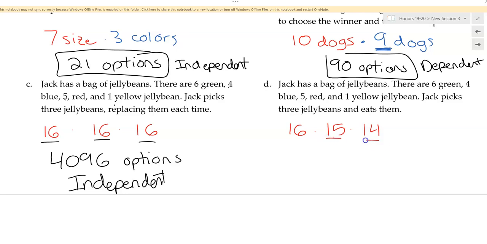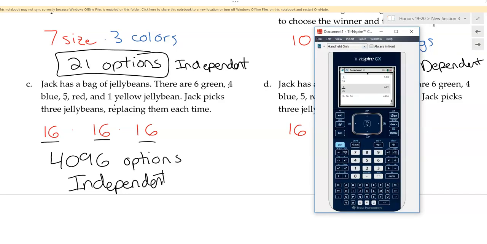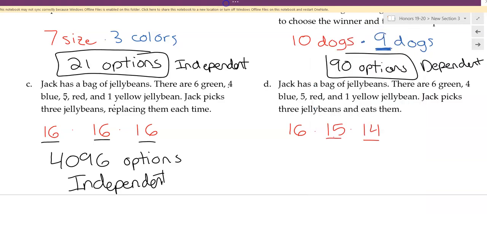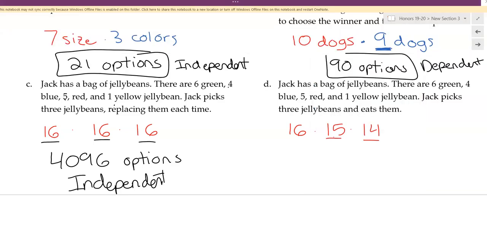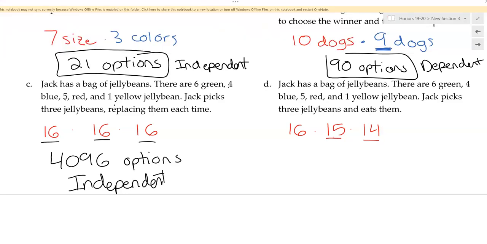Now my numbers have changed. So I have 16 times 15 times 14. And now I only have 3,360 options. So these are dependent.